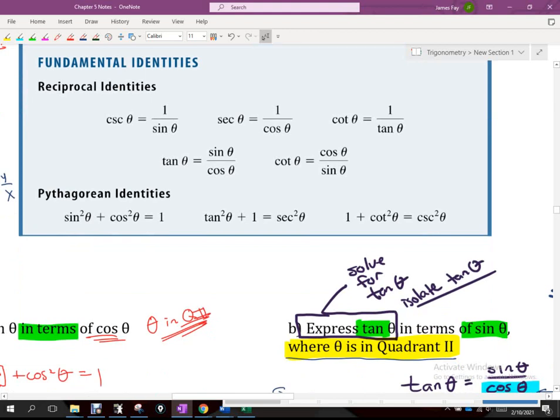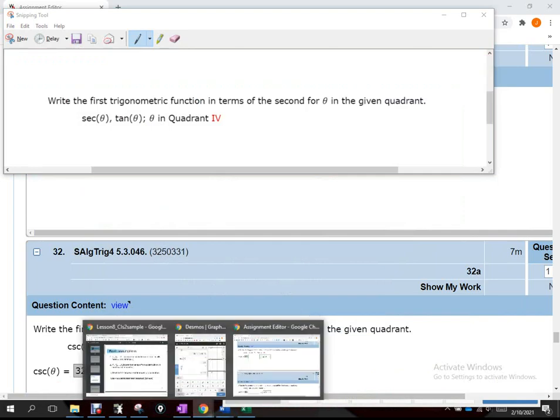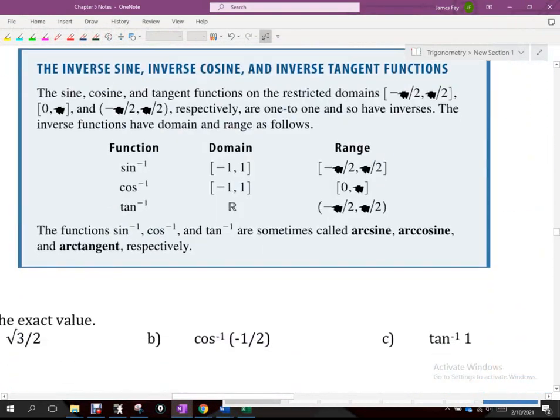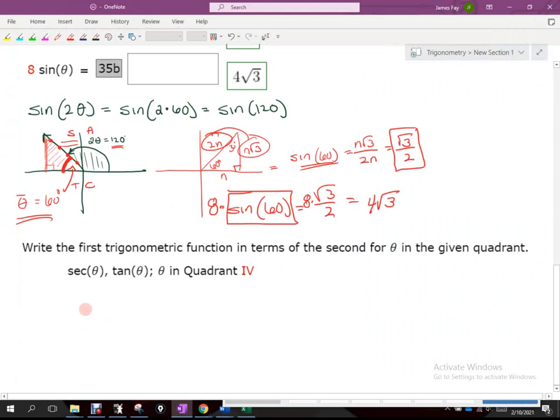None of these do, right? Is that one? That has secant and tangent directly in it, right? And those are the only ones in there. So we should be able to say tangent squared theta plus 1 equals secant squared theta.